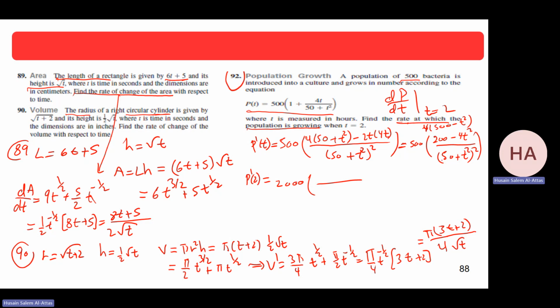Here I have 50 plus 4, which is 54 squared. In the numerator, it's 50 minus 4, so it will be 2000 times 46 over 54 squared. You can use the calculator to do it. Yeah, no problem.